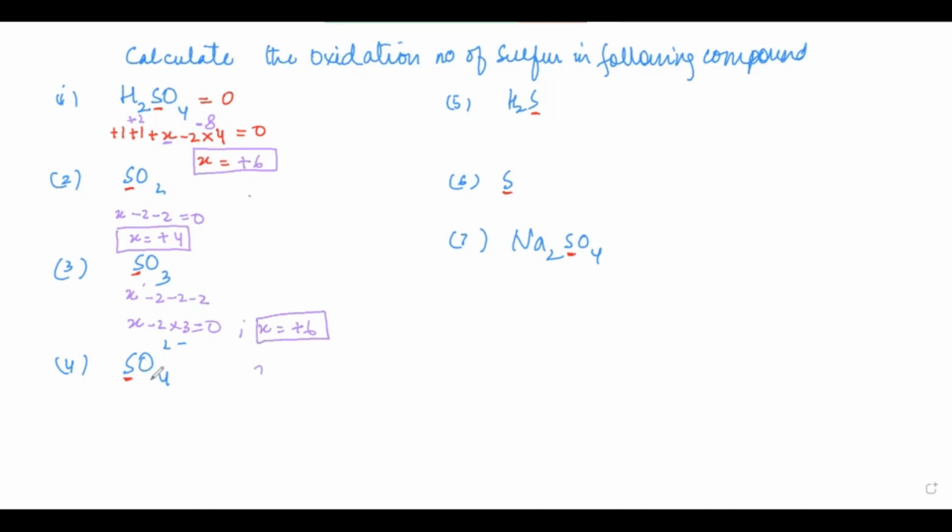ठीक है, coming to the next part we have x। ठीक है, but oxygen are 4, so -2 times 4. Something which is very important here, because this is a complex ion, not a molecule.